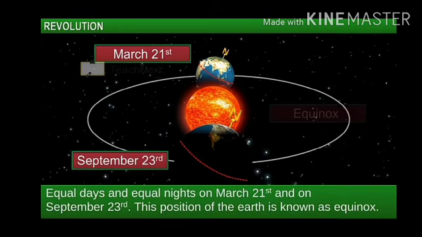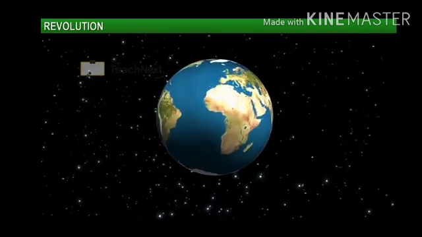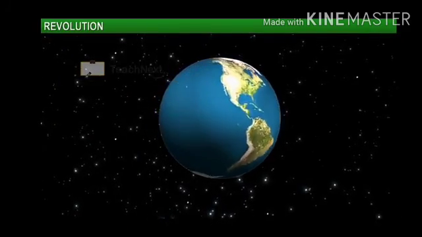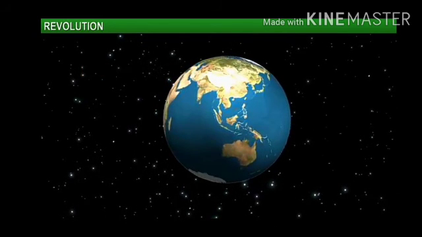This position of the Earth is called an equinox. On these days, the day and the night are of equal duration on the Earth.